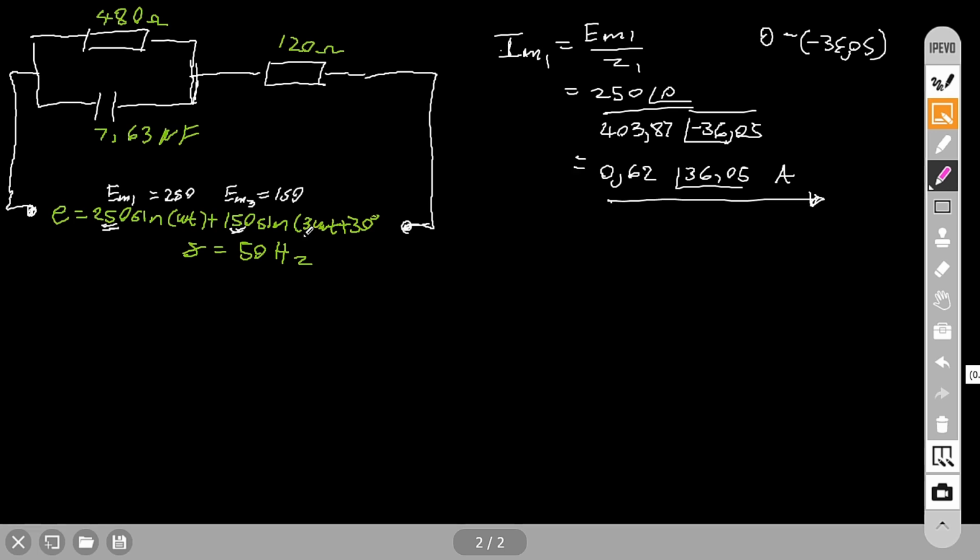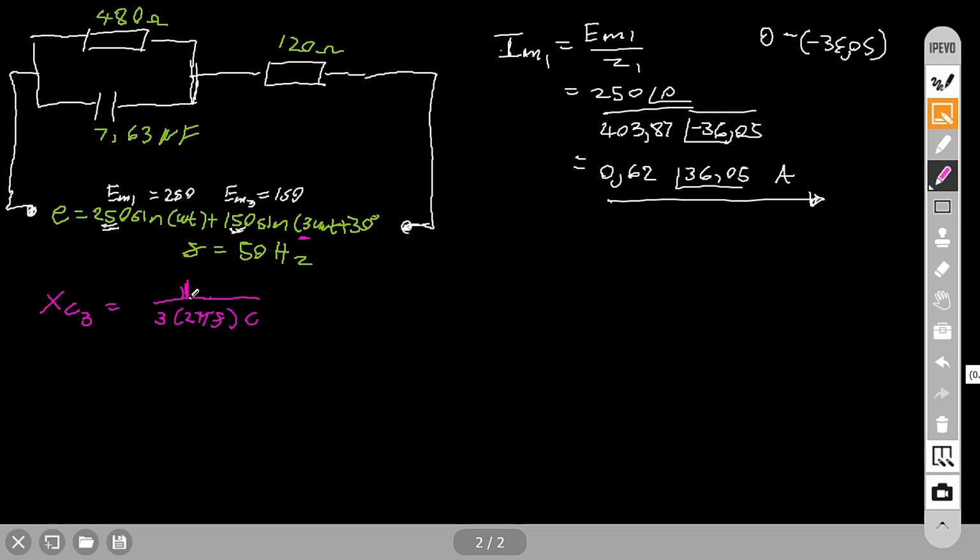This is how we see it. In front of the omega, you are going to have 3. So this means that our XC3 is equal to 1 over 3 multiplied by 2 pi f times C.